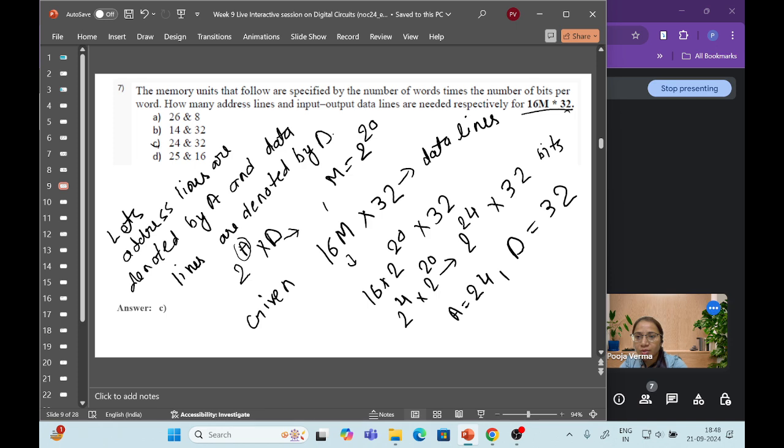So option C is the correct answer for this question. I hope you have understood how to solve this type of question. So now moving to the next question.